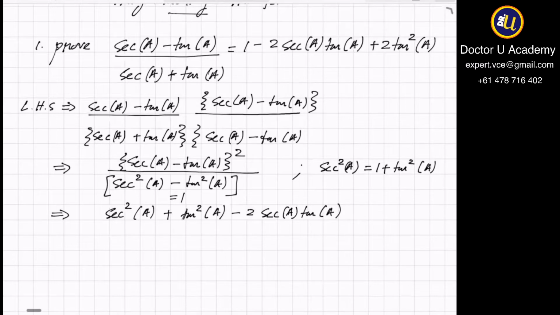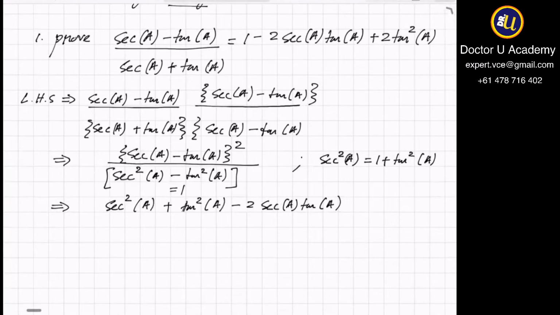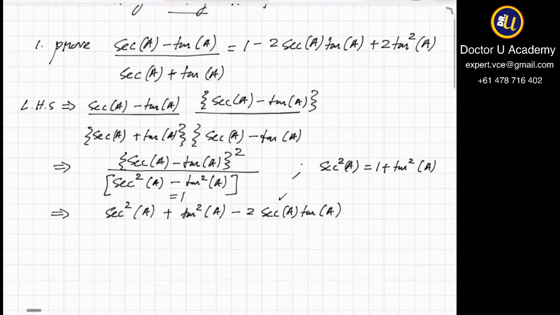Now in the answer you have this term. You have to consciously look at it. You have tan, but you don't have sec. That means you have to remove sec and interpret that in terms of tan. So what we will do, sec squared a you can replace by 1 plus tan squared a.